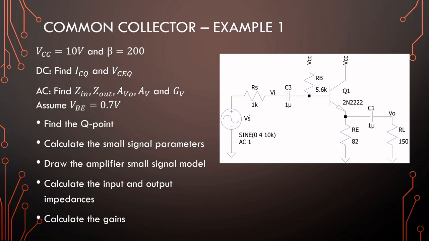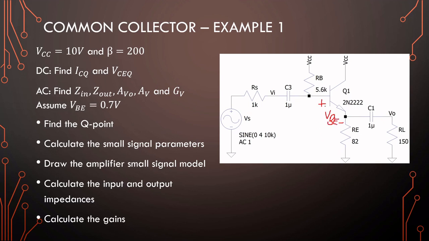Right, our common collector examples. So there's a couple of things that we need to go over before we jump into this example. The common collector is to drive small loads. It takes the input and it will duplicate the input at the output side exactly. And this is due to the fact that its input is on the base and its output is on the emitter. For DC, we have VBE sitting here.